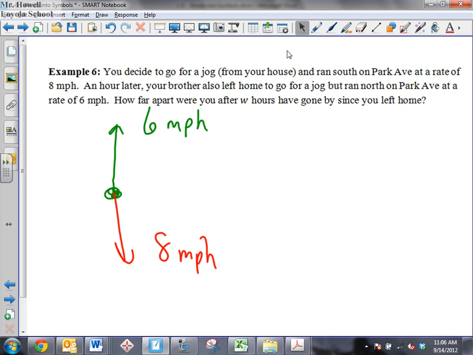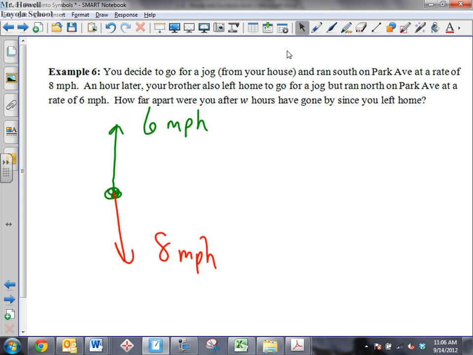Now, the question says, how far apart were you two after W hours have gone by since you left home? So, let's think about this problem similarly to the last one. For you, W hours have gone by.